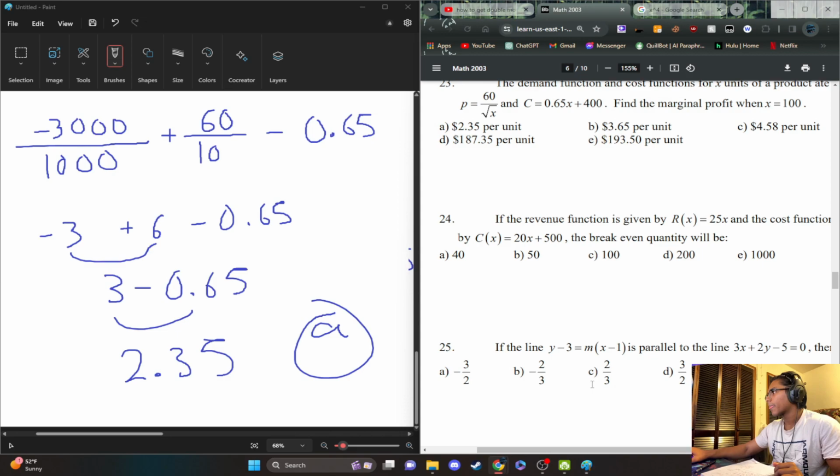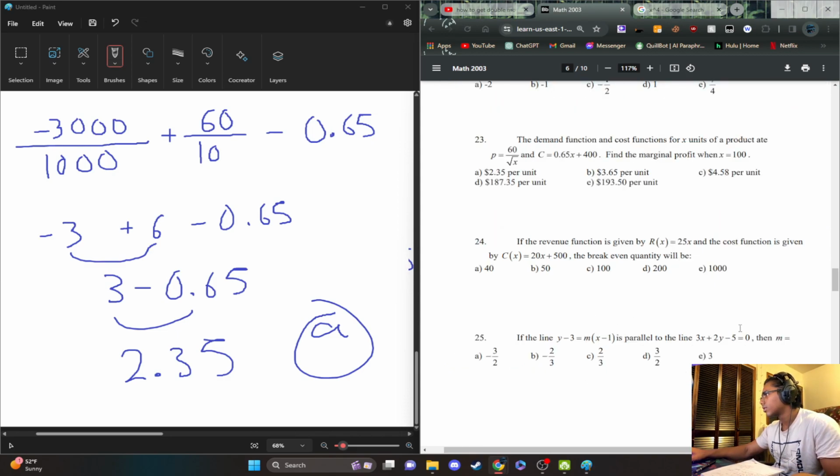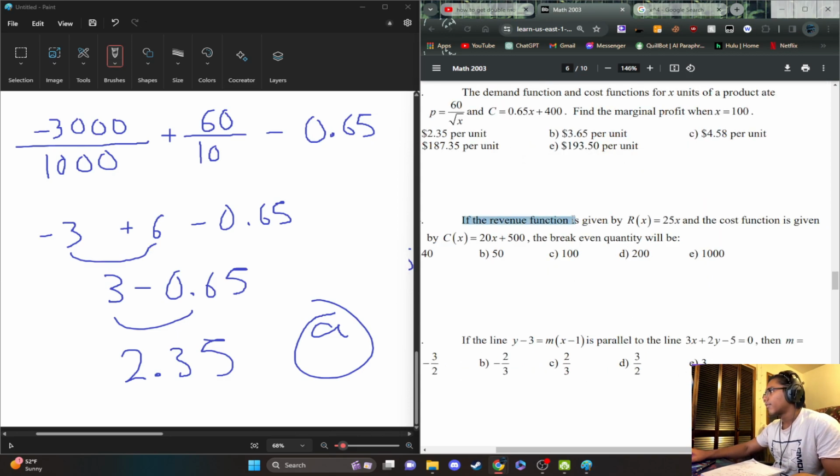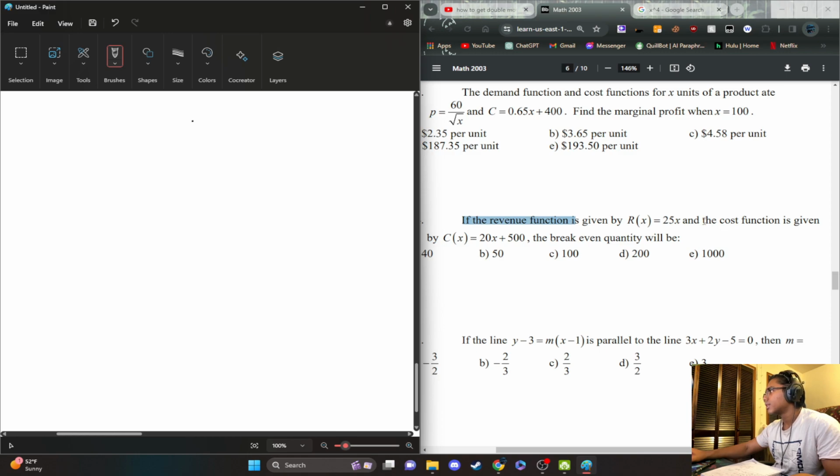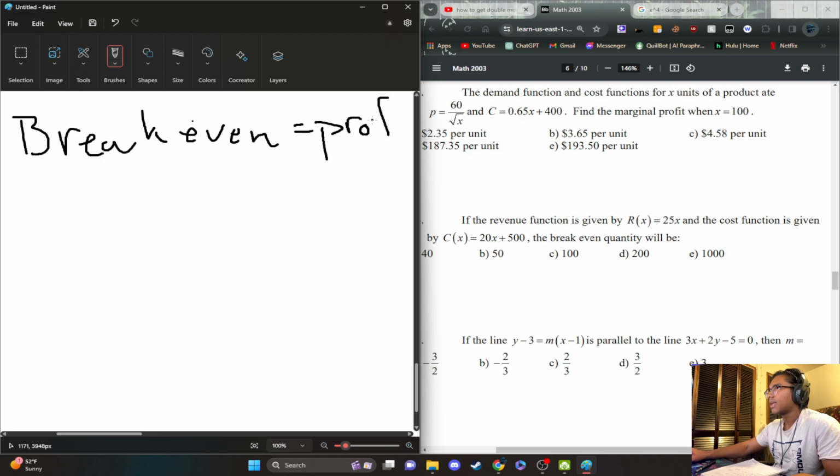Okay, let's do one more. Okay, if the revenue function, no, let's not do one more. Let's actually finish this. Okay, if the revenue function is given by R of x equals this, and the cost function is given here, what is the break-even quantity? Now, guys, note to yourself, break-even is the same thing as profit equals zero.